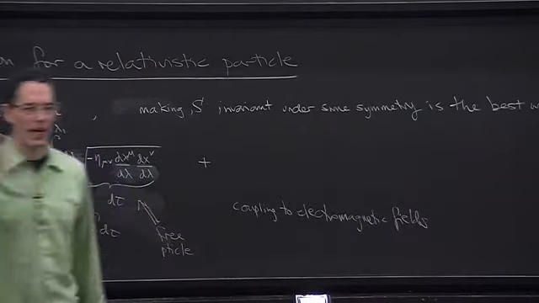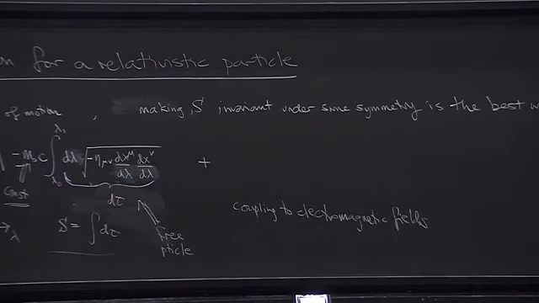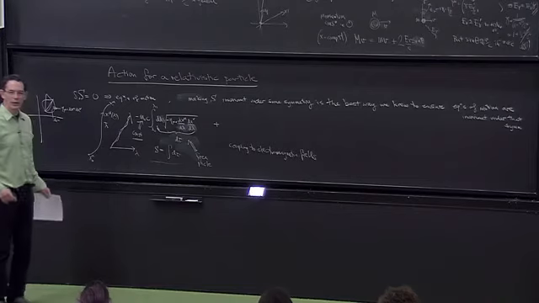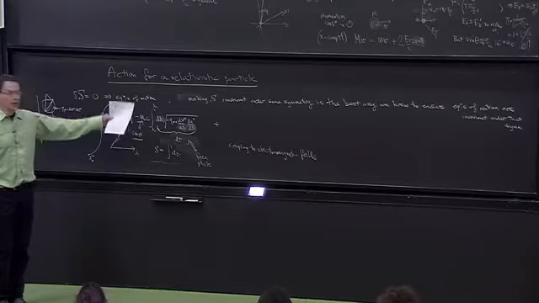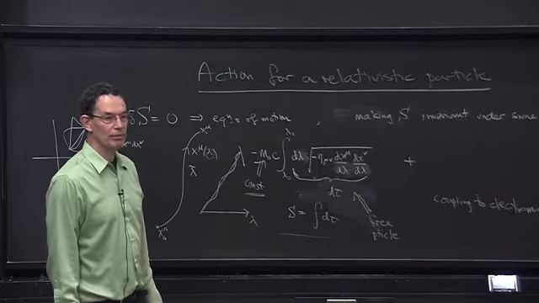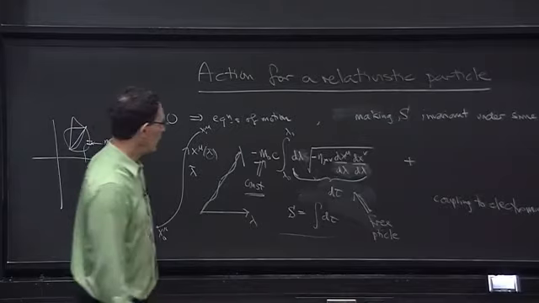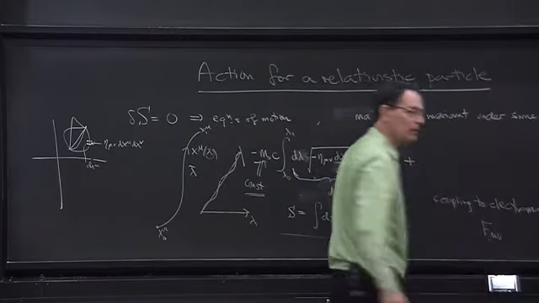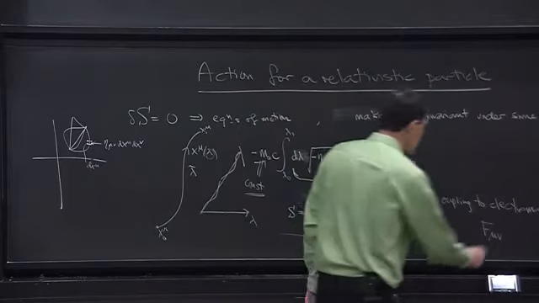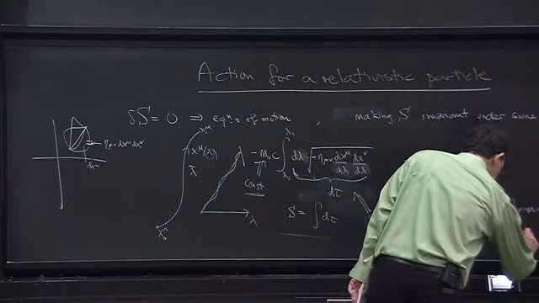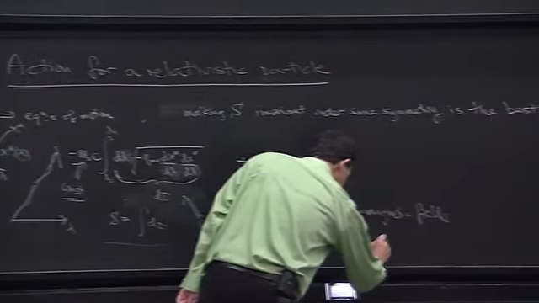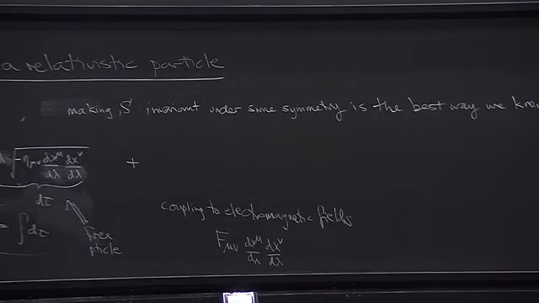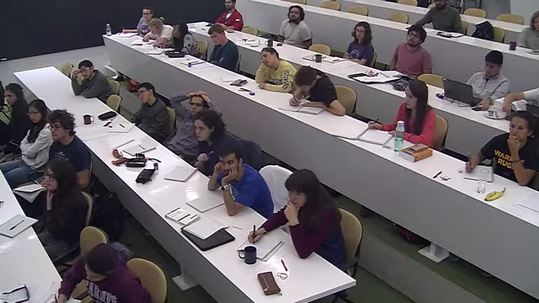I'm claiming that the action is the perfect way to do this. How can I couple this world line to electromagnetic fields? I need to put something in the action. What can I put? Well, for the electromagnetic fields, I could try F mu nu, and then maybe put dx mu d lambda dx nu d lambda. Is that a good idea? What's wrong with that?